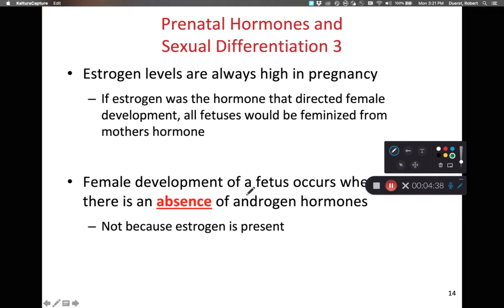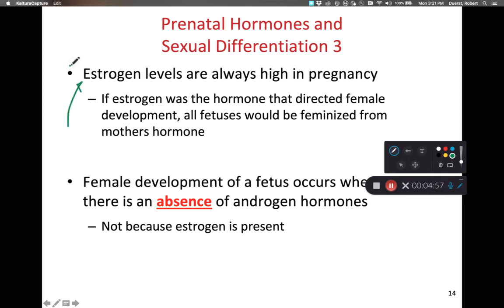Now, as we look at the effect of estrogen, a lot of people think that estrogen causes females to develop as females in utero, and that's not the case. It's the testosterone and the Mullerian inhibiting factor that are the key components.